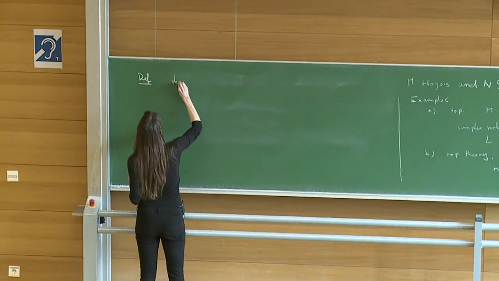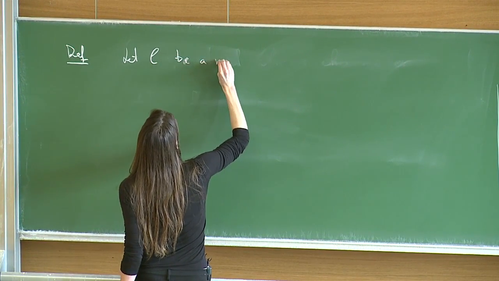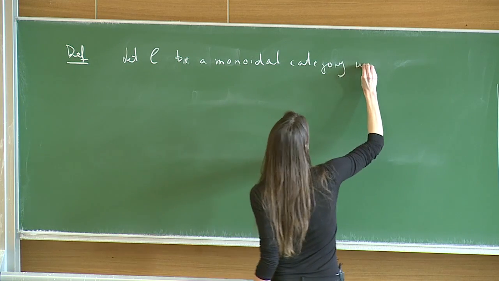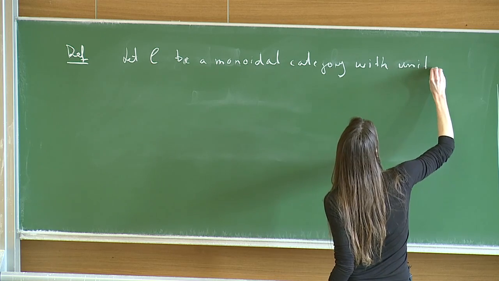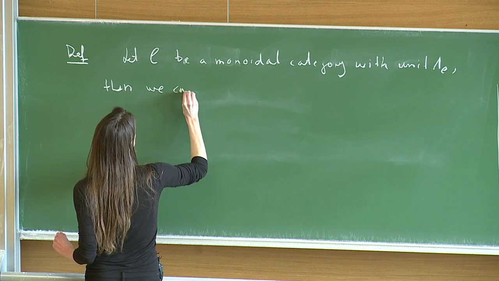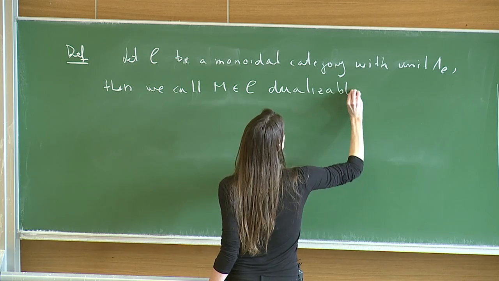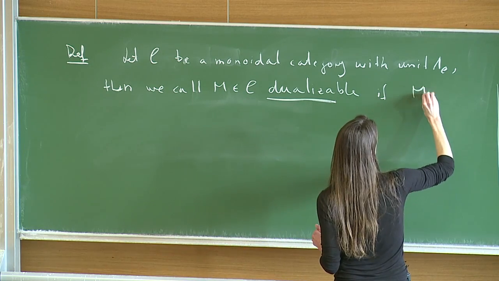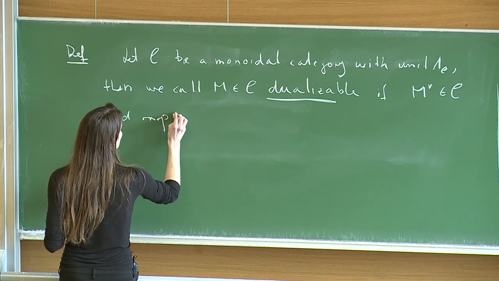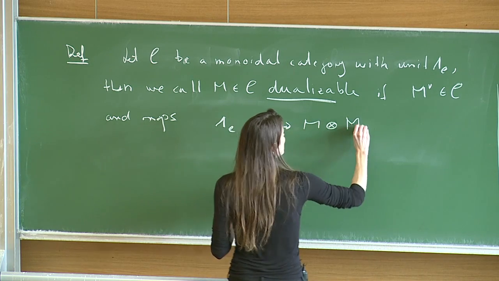So if I take C to be a monoidal category with unit 1, then we call an object M dualizable if there is a dual, so there's another object in C, and maps from the unit to M tensor M dual, which we call the coevaluation map.